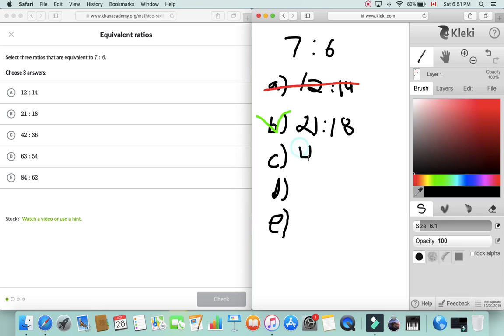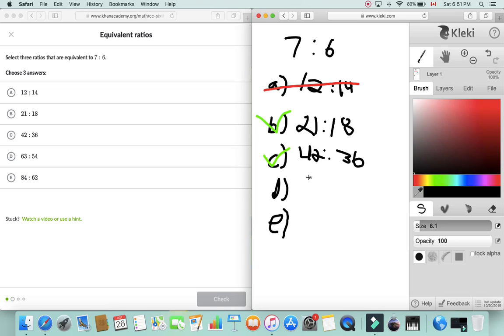How about 42 to 36? Well, you can also multiply it by 3 on both sides, so it works as well. Okay, so that also works.